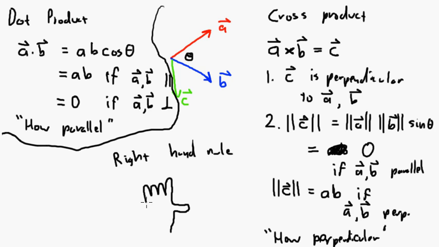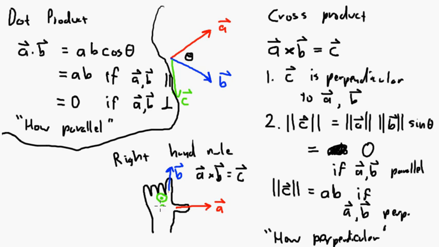If you're doing A cross B equals C, then your thumb is A, and your first finger is B, and you hold them in that L shape, and then you stick your middle finger the only direction it can go that's perpendicular to these, which is in this case straight out towards the page. And so I'm going to draw a vector that comes straight out, which is C.